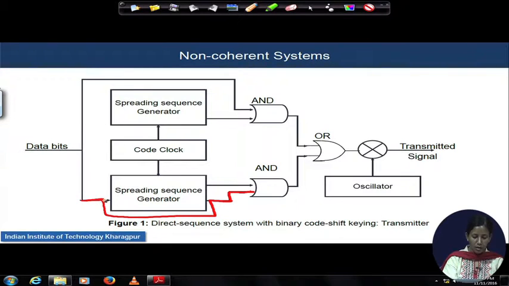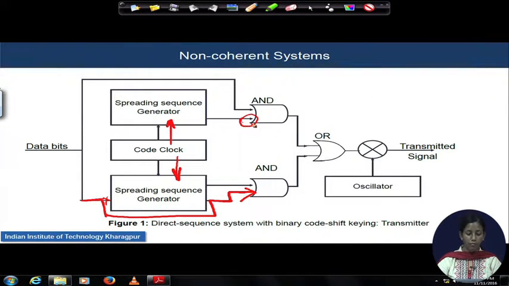So, the data bits are coming like this, and there are two different spreading sequence generators, and the clock is triggering both of them, but depending upon the clock sequence, actually any one of the sequence generators will be activated and the output of this sequence will be fed as another input to the AND gate. So, the AND gate is receiving the data bits and the corresponding spreading sequences.